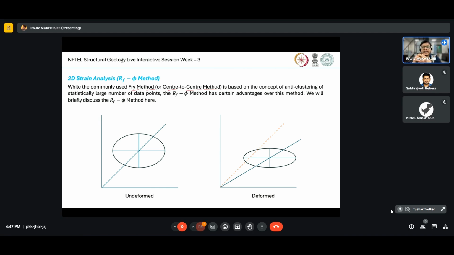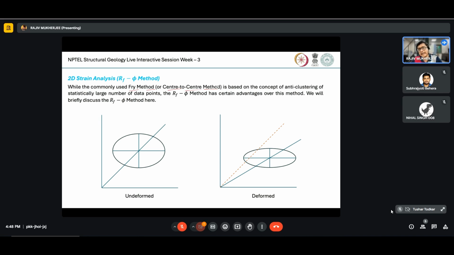But the idea behind this center to center method considers a very profound assumption that initial markers are all circular, but that is not always the case. As we have already learned from the ideal markers, the initial shape of the marker can also be elliptical. And it is not necessarily that each and every marker, even prior to deformation, would be random.